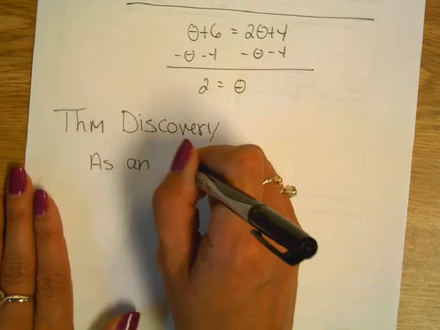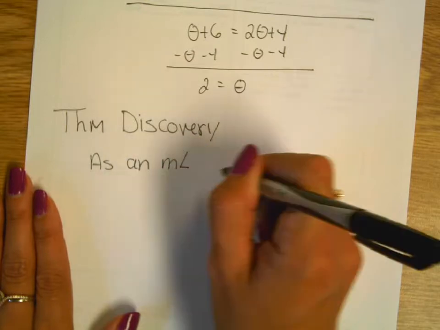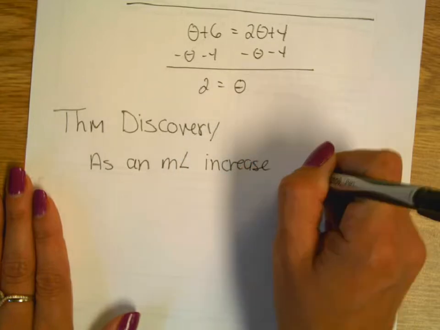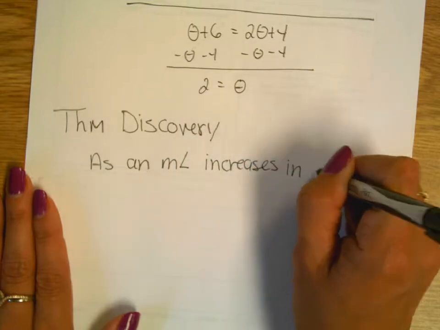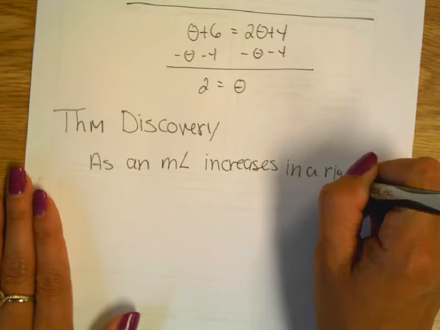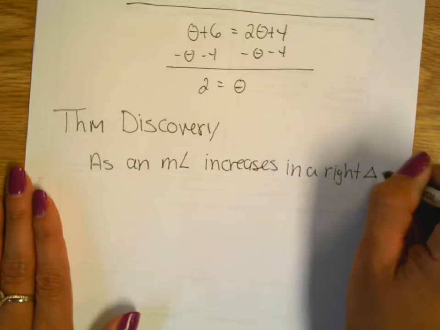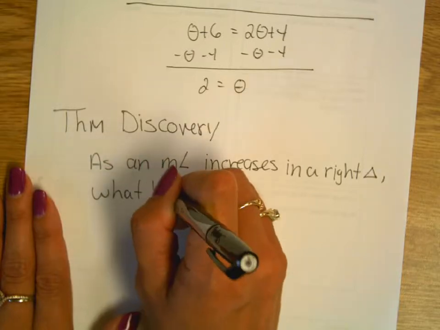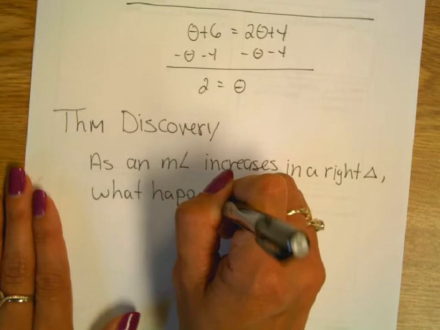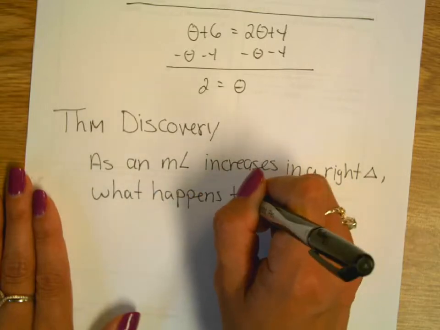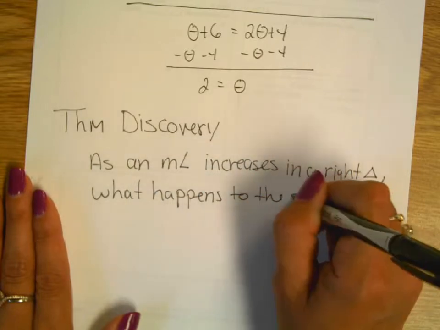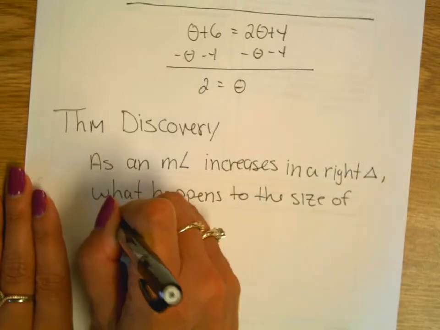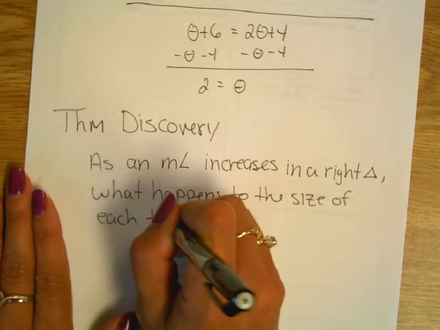As an angle measure increases in a right triangle, what happens to the size of each trig ratio?